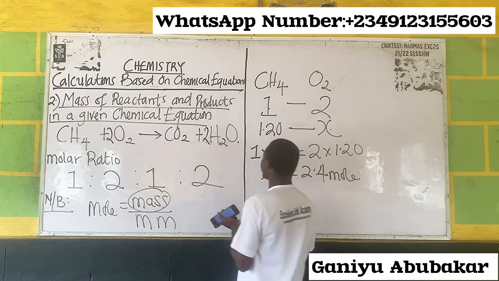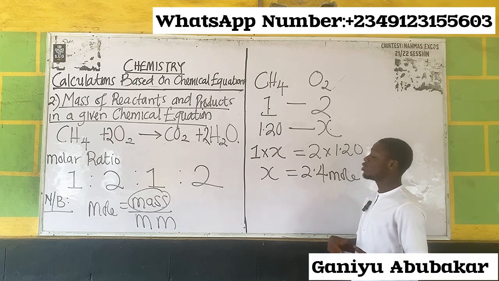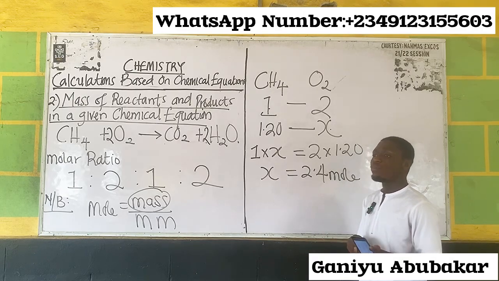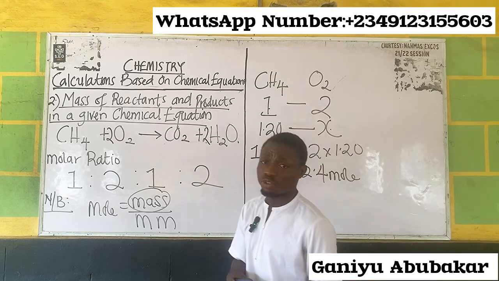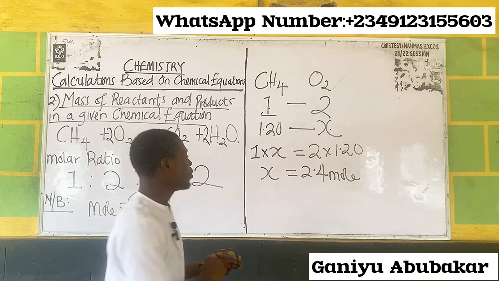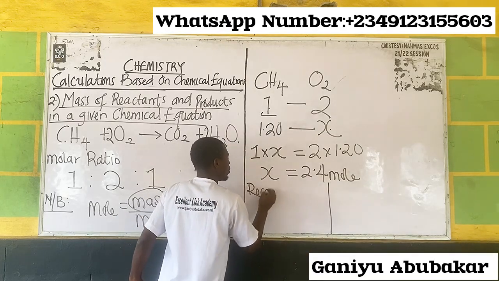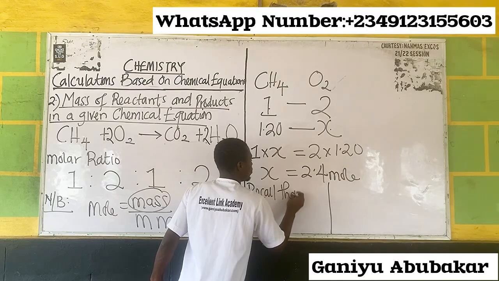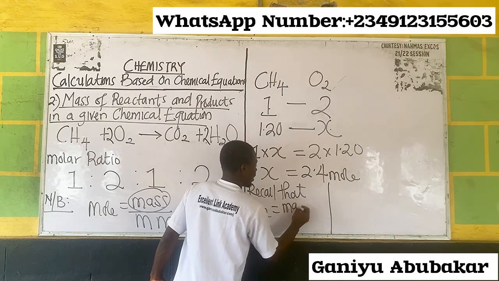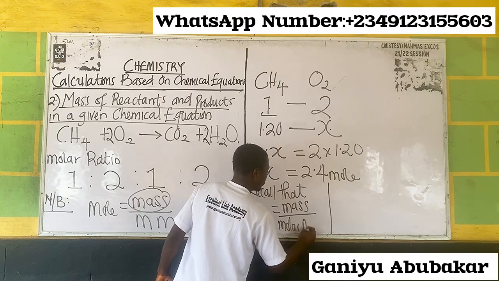So it requires 2.4 mole of oxygen to react with 1.2 mole of methane. But we're not asked to find the mole of oxygen. We are asked to find the mass of oxygen. Recall that mole is mass over molar mass.